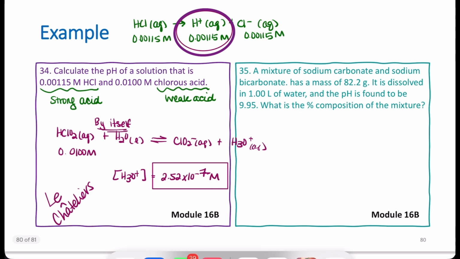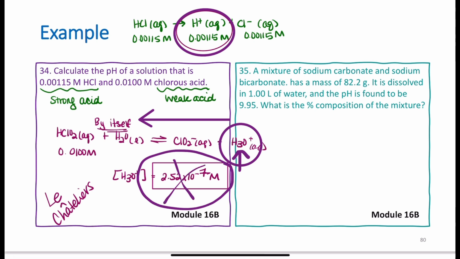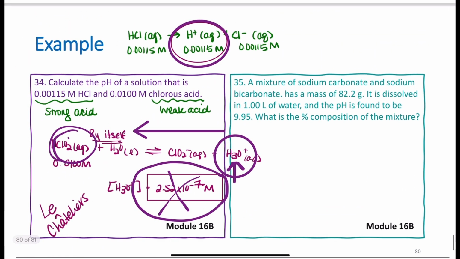I have flooded the system with H3O plus ions. What does that do to this equilibrium? I've increased the product side. It's going to throw it back to the reactant side, which means that even by itself, chlorous acid would only dissociate this much, or it would only make this much hydronium. But it's going to make even less because this isn't going to break apart. It's got protons coming from another source.